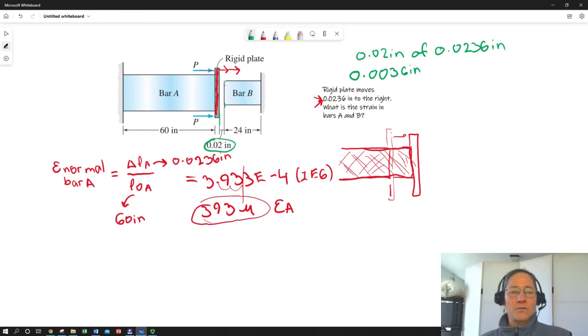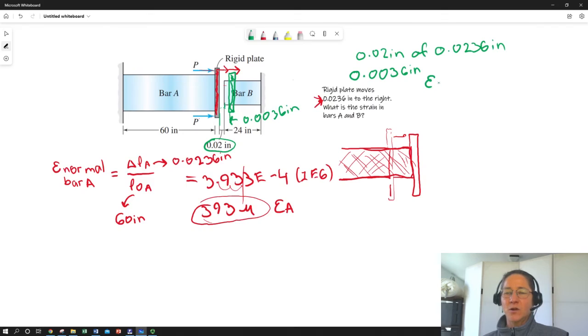So basically the plate's going to travel 0.02 of its 0.0236, and then it's going to travel another 0.0036, and that will end up being the total compression of bar B. So that's the only real trick to it.